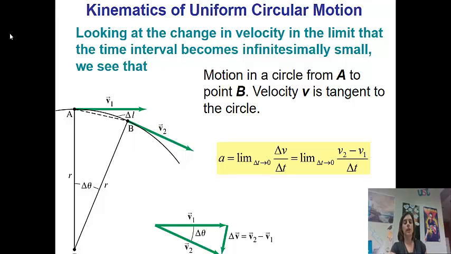So in order to keep changing that velocity in that circular direction, so it's here, then it's here, then it's here, then it's here, there's this constant acceleration that's happening, and it's always towards the center of the circle, right? Center seeking, centripetal.